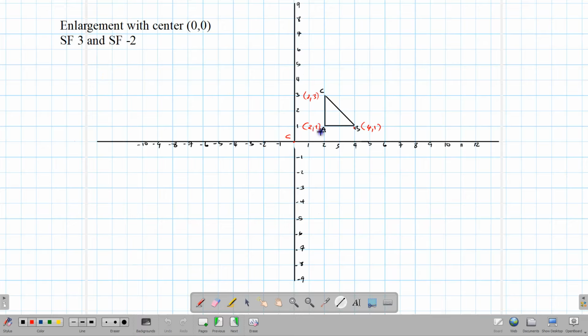So here we have a triangle ABC. Let's just write the points down. A is 2, 1, B is 4, 1, and C is 2, 3. And we are using scale factor 3 first.